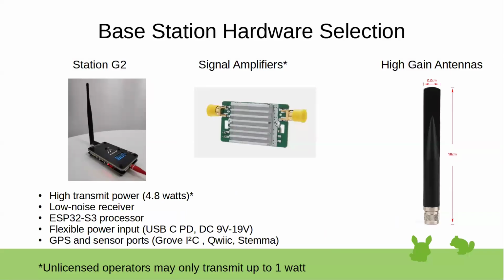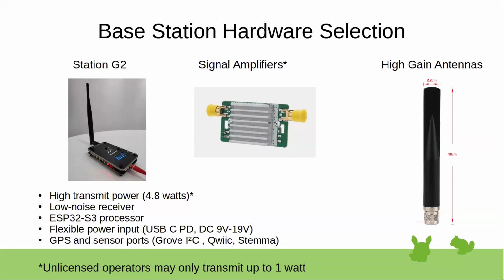So oftentimes these will be more mounted on your house, less so than the repeaters, because as we said, if you're up in the middle of the woods, you don't have the more power hungry amounts of power available. So these guys, for example, the Station G2 is one that I'm personally very excited about. And we have some coming in hopefully by the end of this week if all goes well.